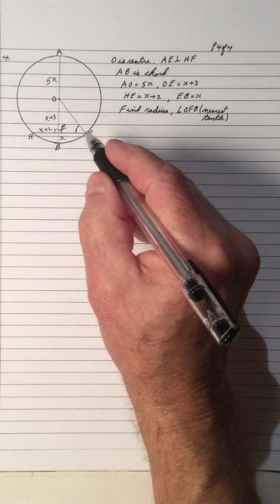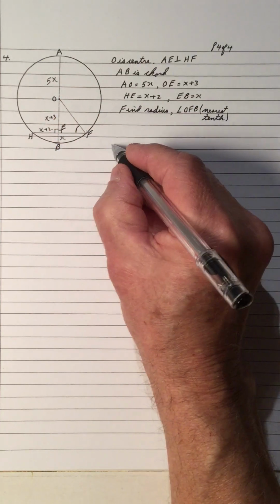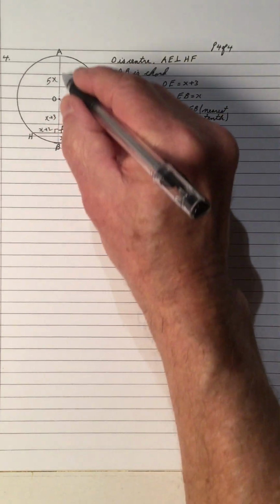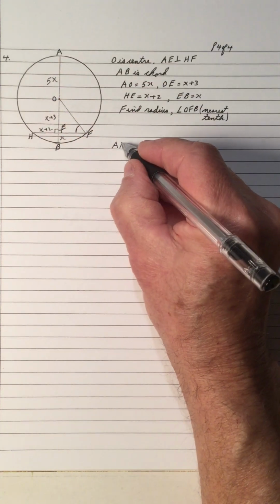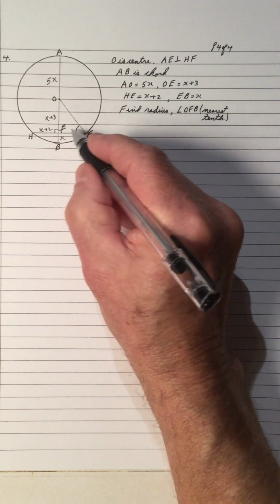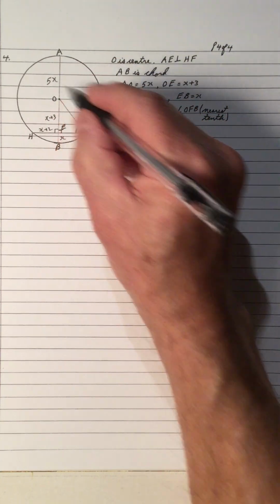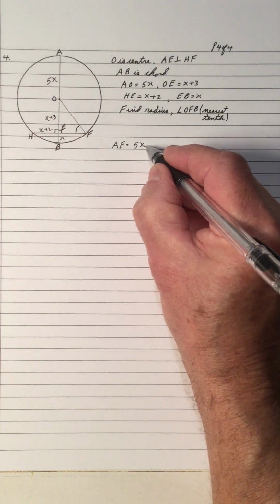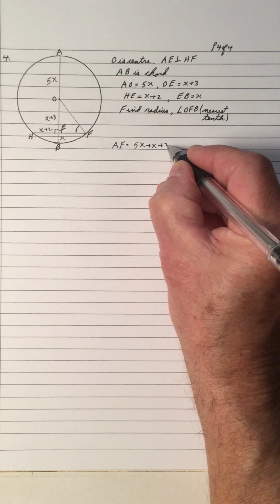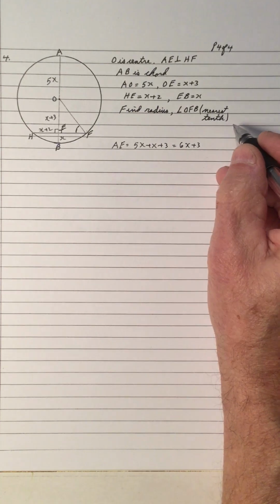Well, what we have is that AE is 5x plus x plus 3, so AE is 6x plus 3.